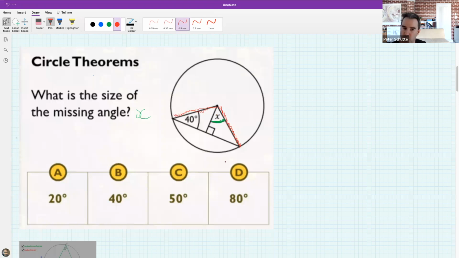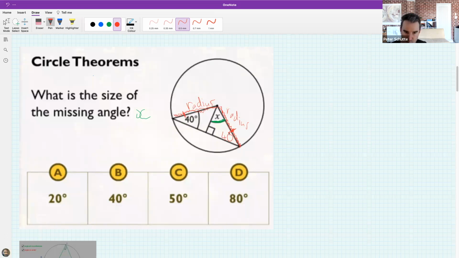So what's special about these things is I think these are both radiuses, which means that they're equal in length, which means that that angle over there will also be 40 degrees because it's an isosceles triangle.